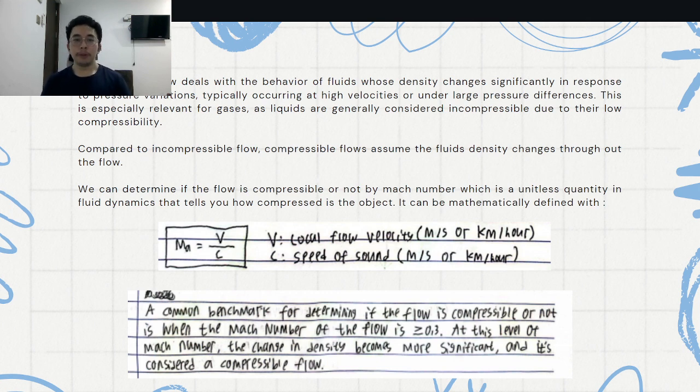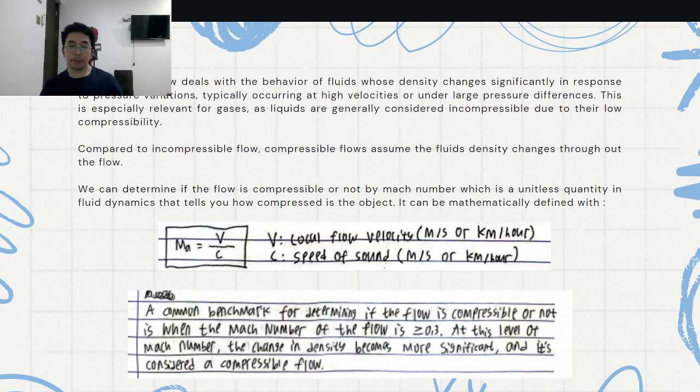We can determine if the flow is compressible or not by the Mach number, which is a unitless quantity in fluid dynamics that tells you how compressed the fluid is. It can be mathematically defined as Ma equals v per c, which is kind of similar to open channel flow, but c here is defined as the speed of sound, and v is defined as the local flow velocity.